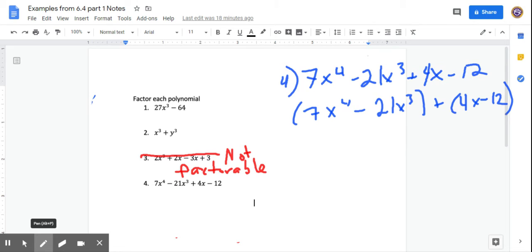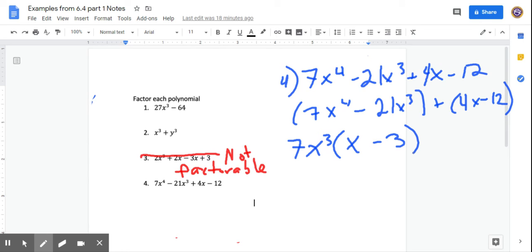And then we need to factor a GCF out of each. So this first set of parentheses, I'm going to factor out a 7 because 7 goes into both 7 and 21. And then I'm going to factor out, we've got an x to the 4th here and an x to the 3rd. So we factor out the lower one, so x to the 3rd. And then we're just left with x minus 3.